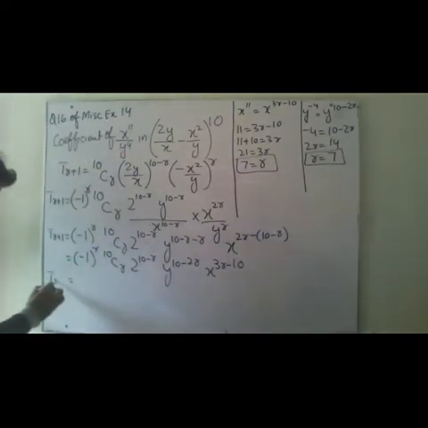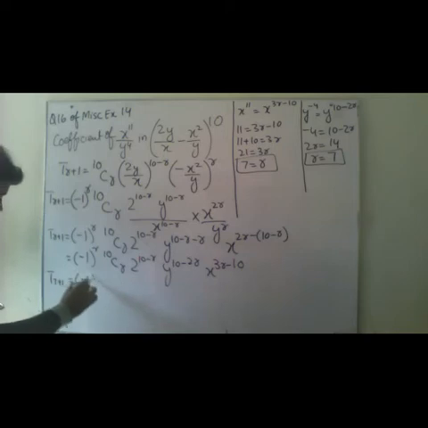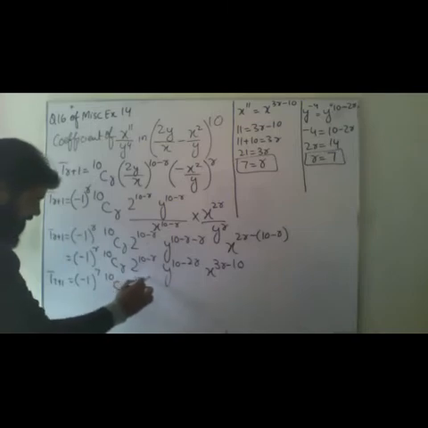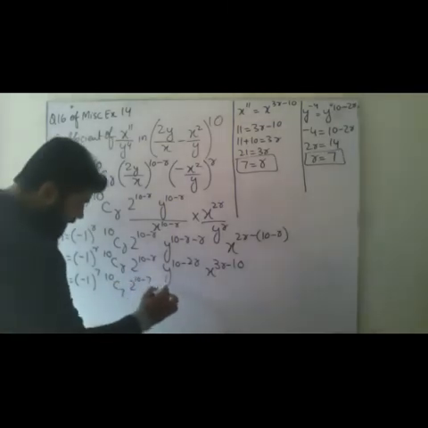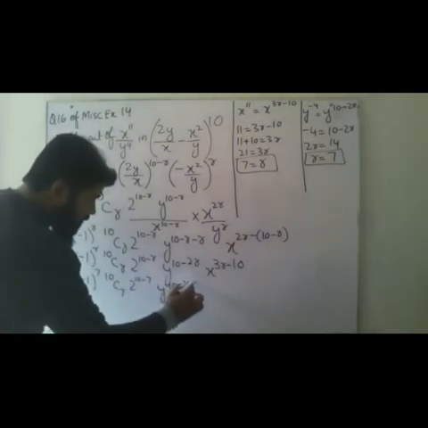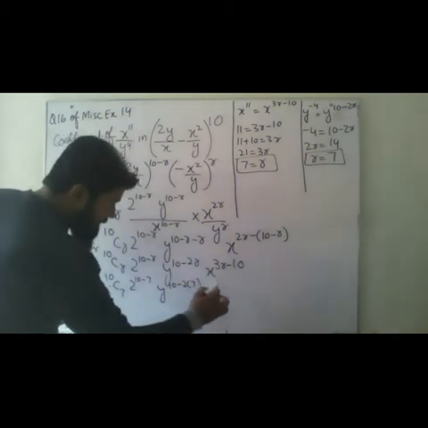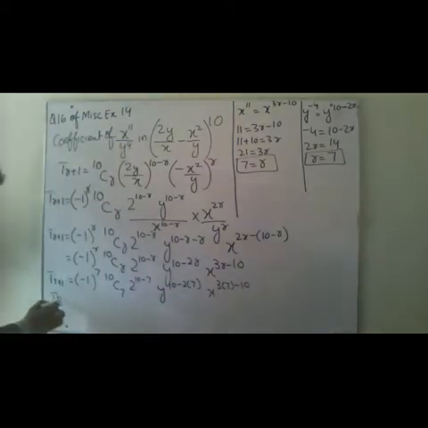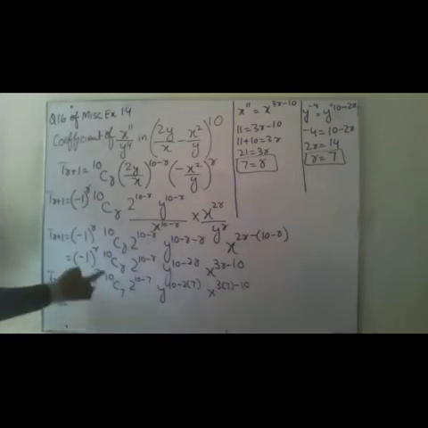T(7+1) equals minus 1 to the power 7, 10 C 7, 2 to the power 10 minus 7, y to the power 10 minus 2 into 7, x to the power 3 into 7 minus 10. So this becomes T8, minus 1 to the power 7.